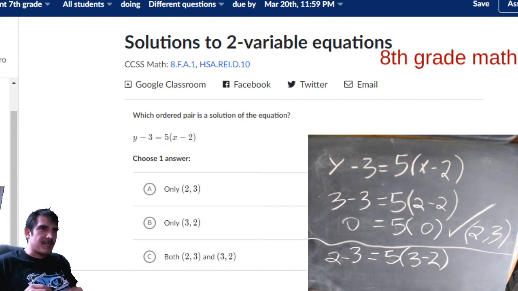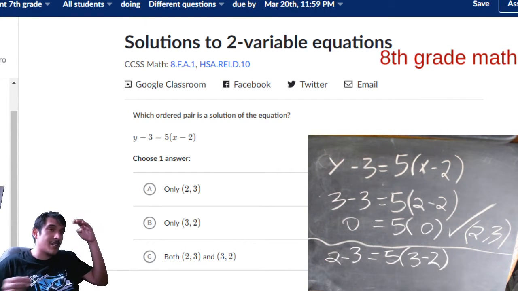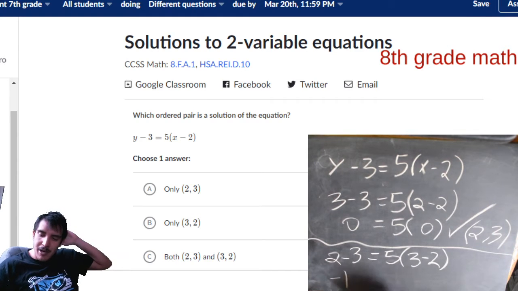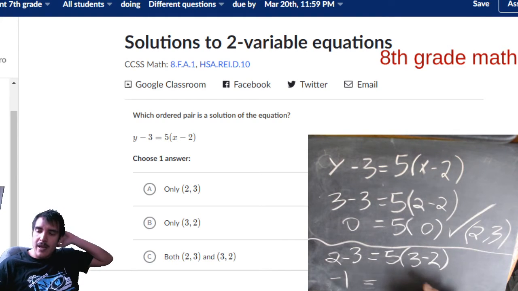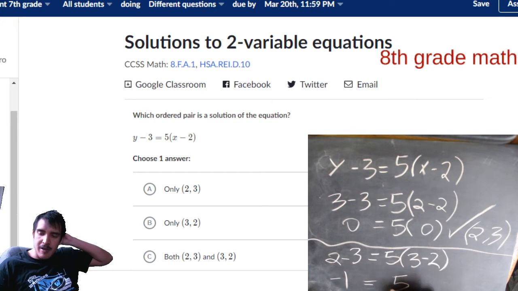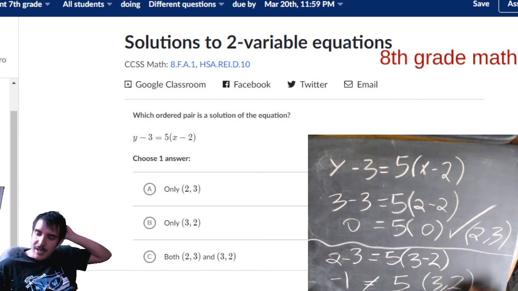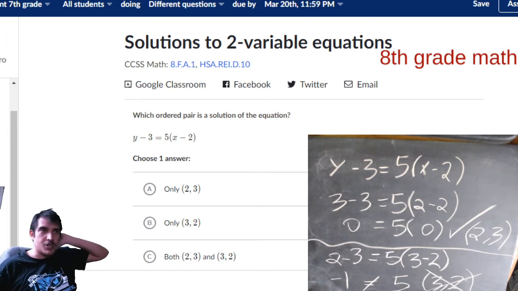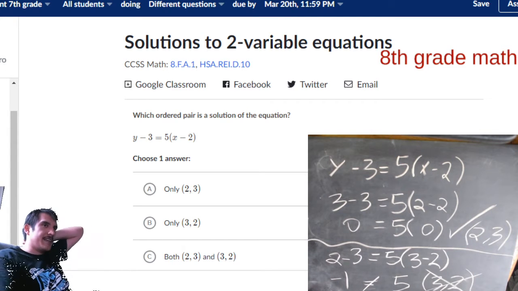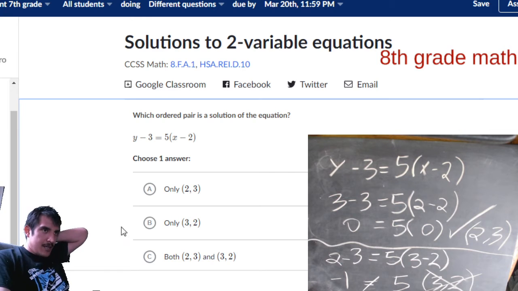Let's do the math for this one. I don't think this is going to be equal, but let's check. 2 minus 3 is negative 1. And 3 minus 2 is 1. 5 times 1 is 5. And so negative 1 equals 5. That is not true. And so the point 3 comma 2 is not a solution. So it looks like it's only 2 comma 3.